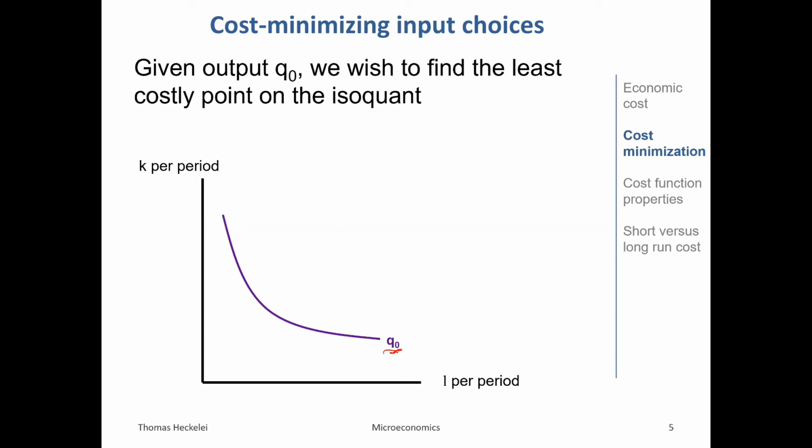It's similar to the utility or indifference curve before, right? So we want to find the combination of input uses which will give us the most cost saving possibility to produce the level of output Q0.